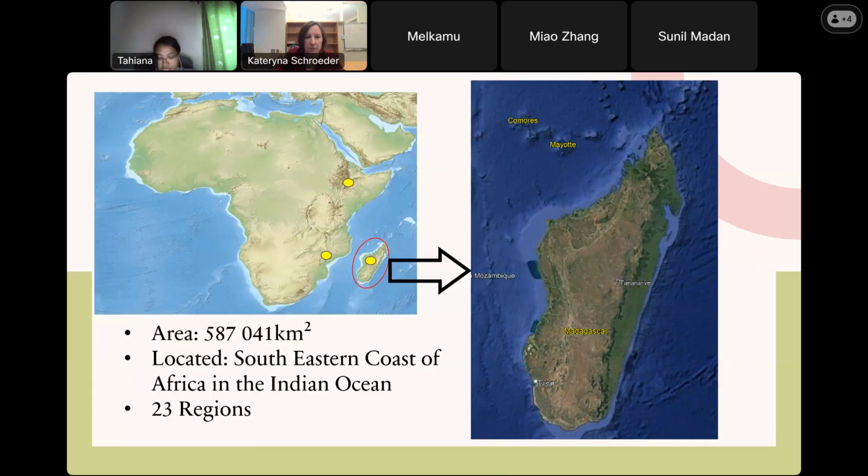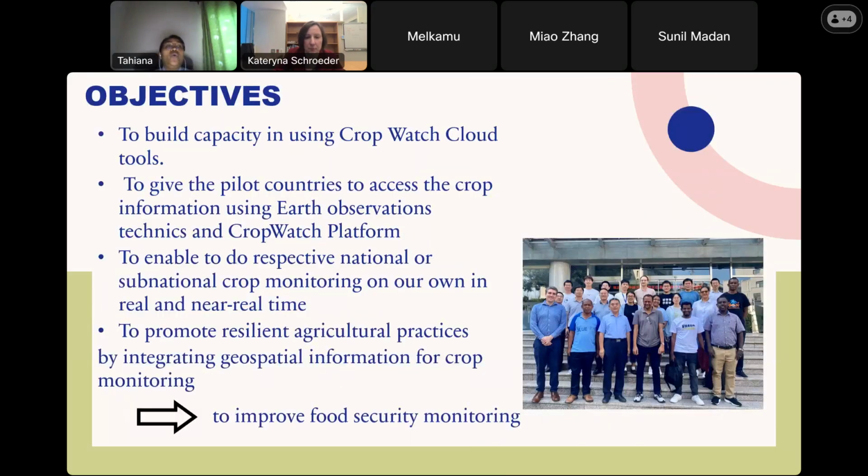Then let us see the objectives of the CropWatch platform.